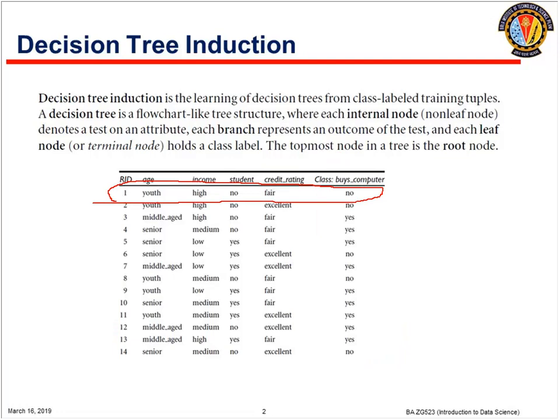So no. The second one is youth, high, no, but here the credit rating is excellent, but still he didn't buy a computer. So you can see there is a difference between the first and second example in the credit rating, but still the person didn't buy a computer. Some such examples are given.